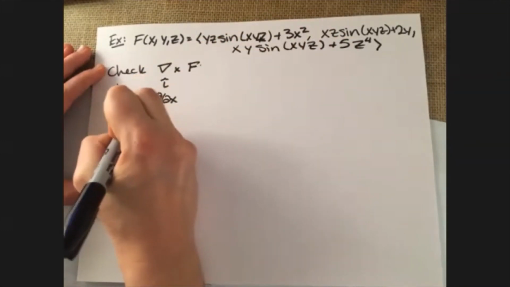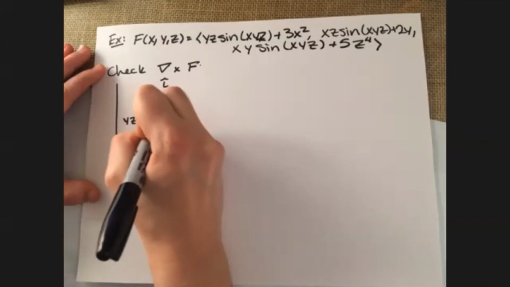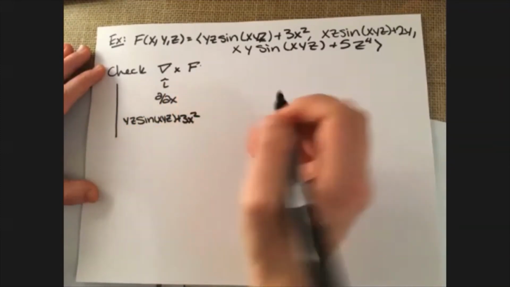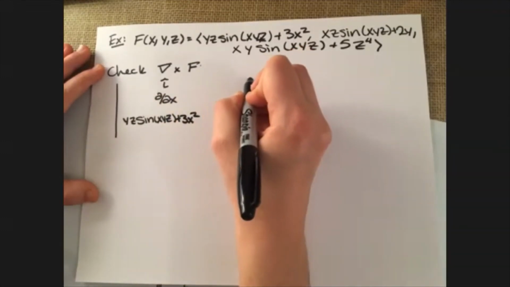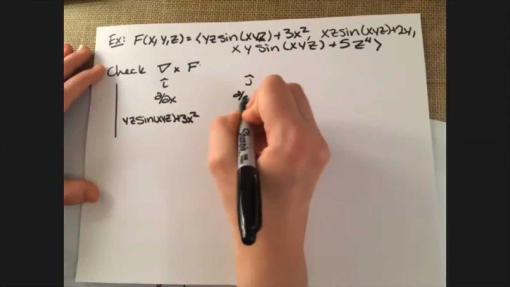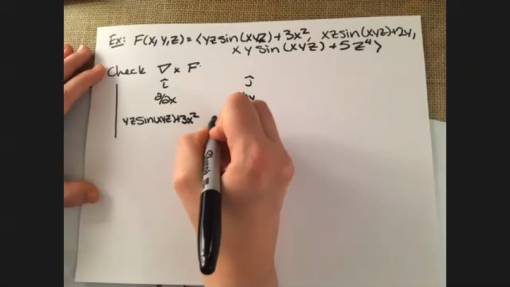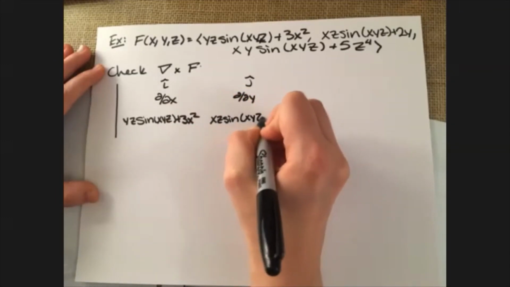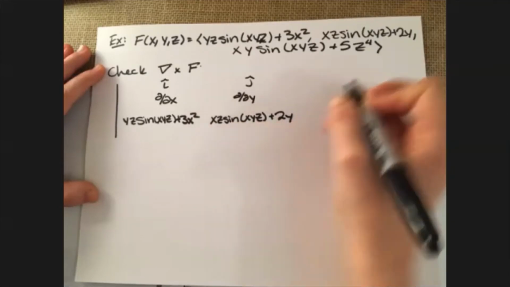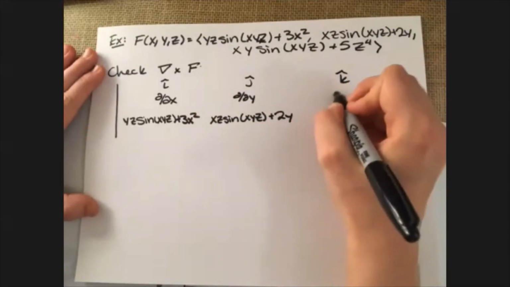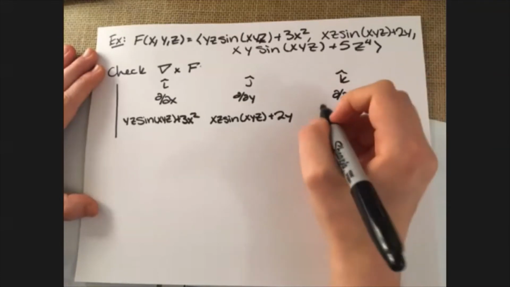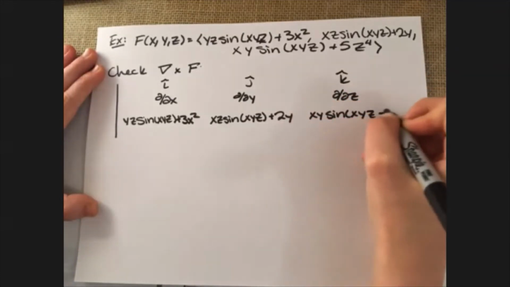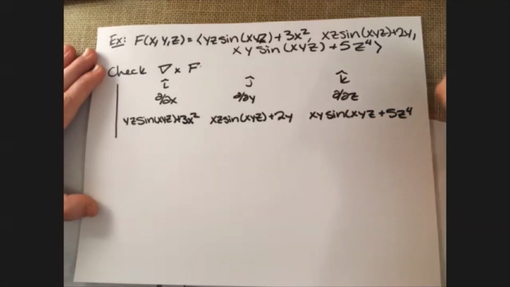So I have yz sine of xyz plus 3x squared, and then I have my j hat, partial with respect to y, and then xz sine of xyz plus 2y, and then my k hat, partial with respect to z, of xy sine of xyz plus 5z to the 4th. All right, got it to fit.